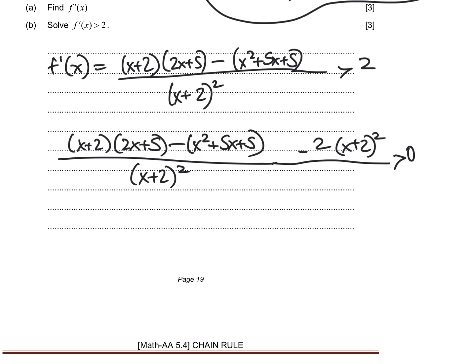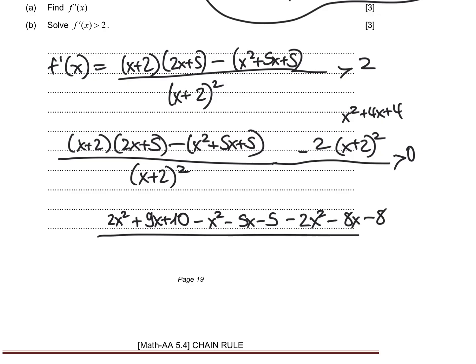Okay, so now we have to do all of this out, combine everything, and see if we can factor and stuff. So we're going to have 2x squared plus 5x plus 4x, which is plus 9x plus 10. Then minus x squared minus 5x minus 5. And then minus 2 times x squared plus 4x plus 4, so we're going to have minus 2x squared minus 8x minus 8 when we distribute the negative 2.